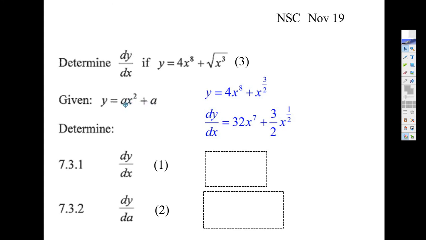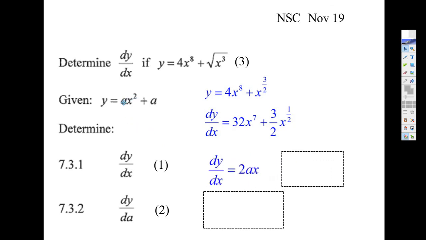You could treat a like constants, as if they were numbers, 5x squared plus 5 or something. So you treat a as if it was a constant and just focus on the x values. So then you'd go 2 times a, and you'd bring it down 1. 2ax would be the derivative.